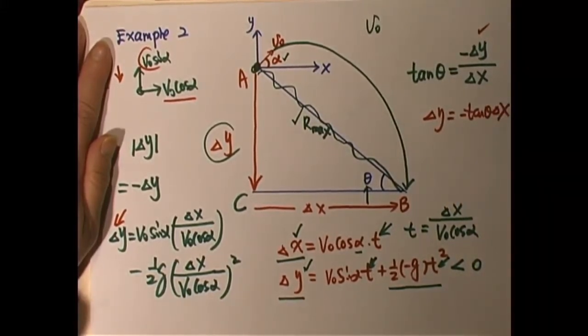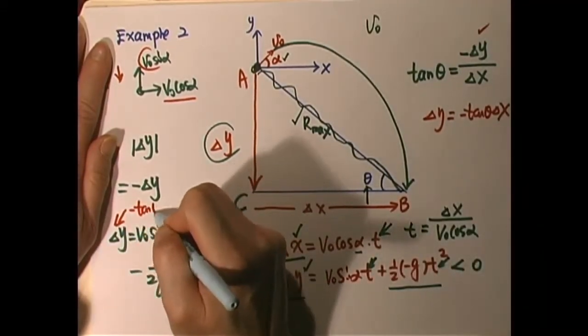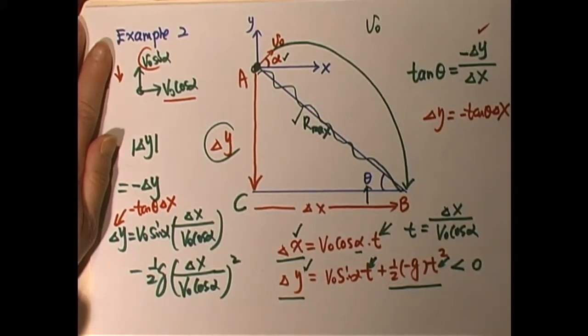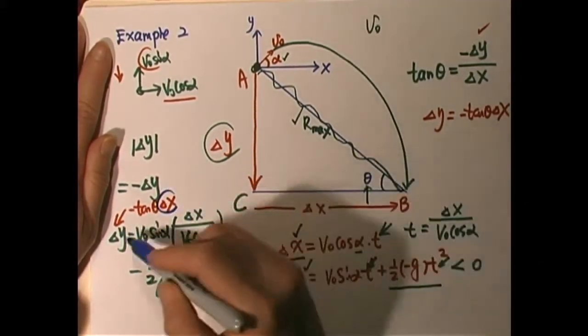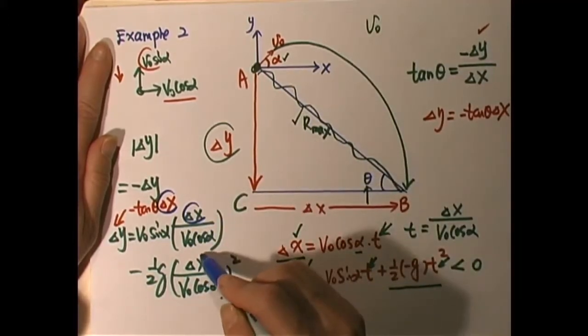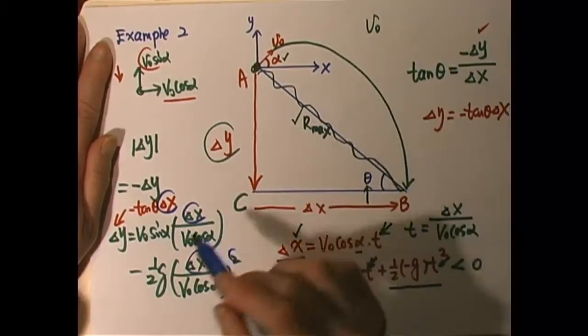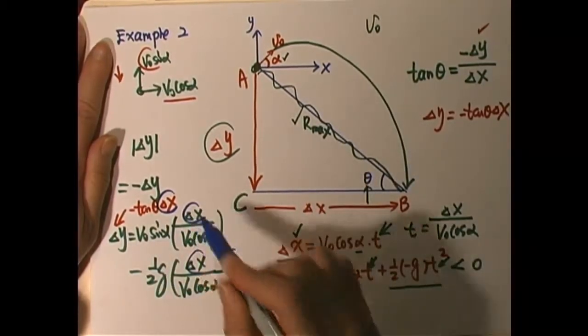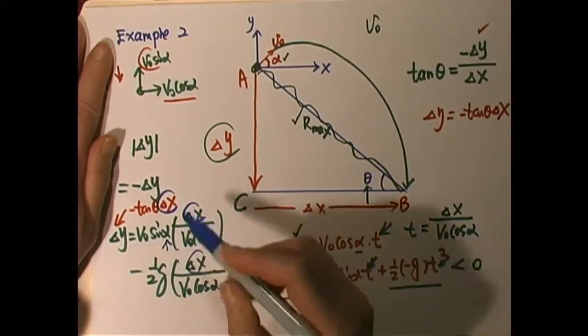You see that? So look at this equation. The left side has a delta x, and the right side has a delta x and a delta x squared term. So one of the delta x cancels. This is the equation which has delta x and variable alpha.